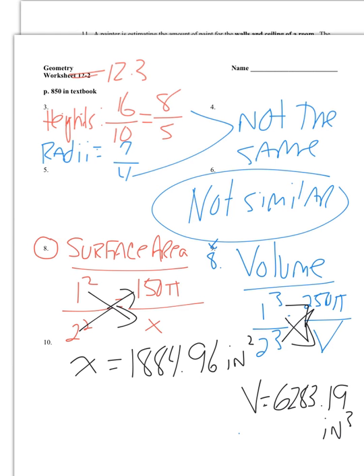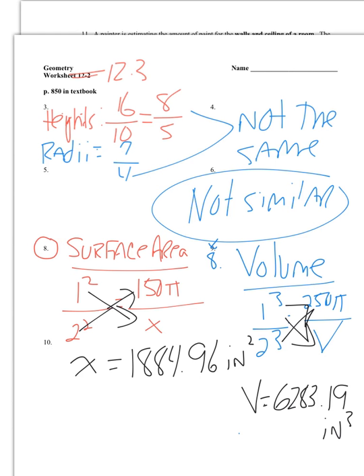So numbers 8, 9, 10 are all the same as what we did in the notes on Tuesday. But number 8 is an example for you to look at in case you need an extra example. So that's the first part of the assignment.